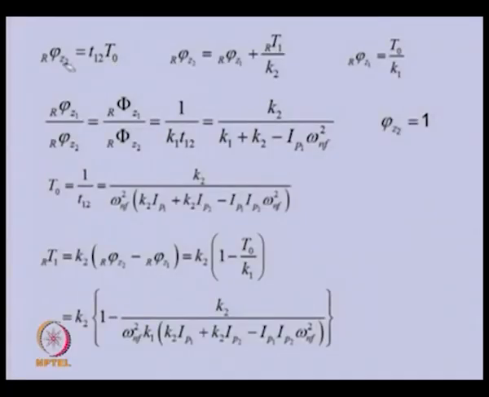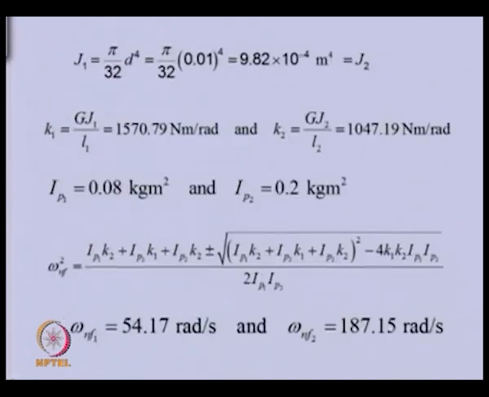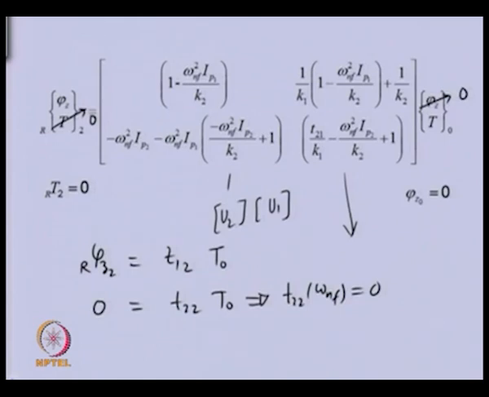For that particular case, this is the equation from the overall transfer matrix which we did not use. If we go back and see, this particular equation was the frequency equation, and it can be used to obtain this particular displacement. For a unit torque at station 0, we can get this angular displacement. Once we know this, we have the state vector at station 2 known.